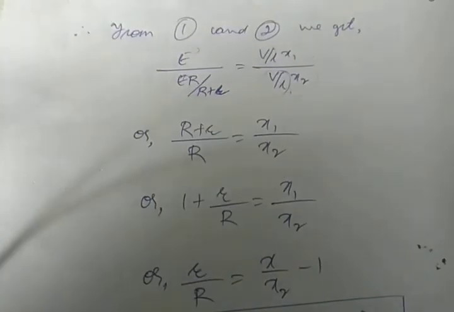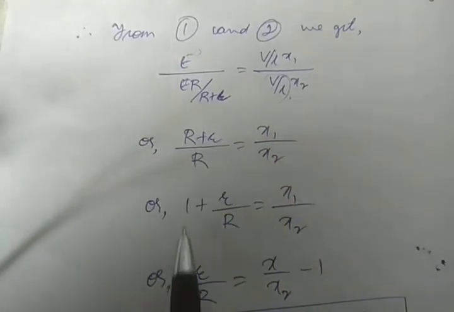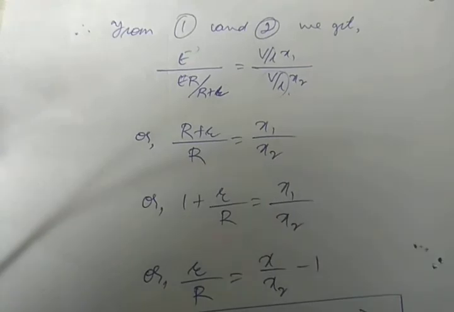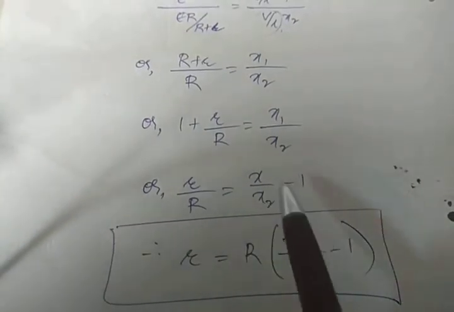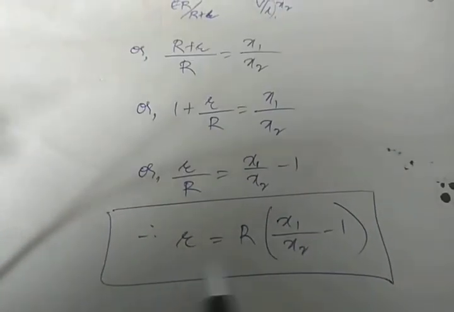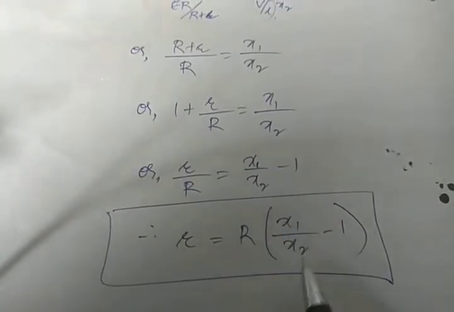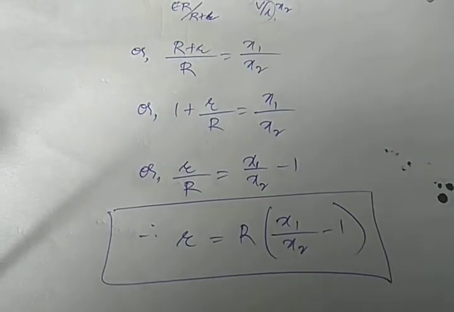Then after simplifying, we get 1 plus r by R is equal to x1 upon x2. So r by R is x1 by x2 minus 1, and therefore the internal resistance is r equals R into x1 by x2 minus 1.